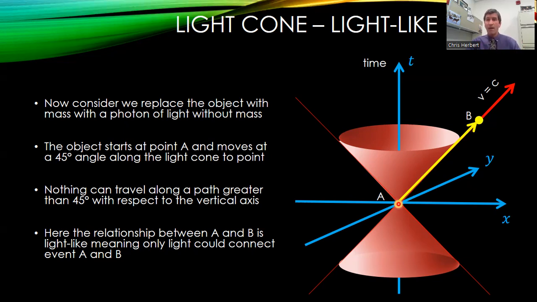And then event B, which happens at a different time and location, could also have that same light pass through it. To get from A to B, you need to travel at the speed of light. We, having mass, would not be able to do that, but certainly a photon of light would be able to move along the cone and therefore is light-like.